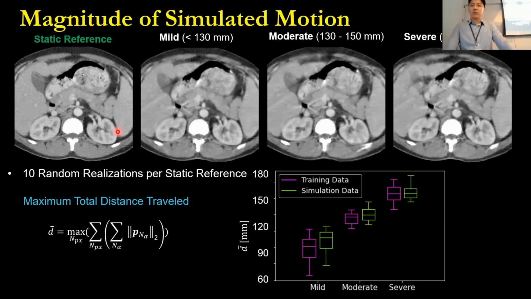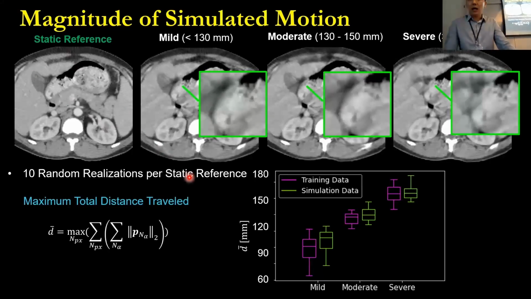Here we show 3 motion simulation results from these different scales. As we take a closer look at this motion region, we can see that different scales of motion have been introduced in these 3 samples. We can also see that motion is happening, for example, here, which demonstrates that our model is able to generate a randomized motion distribution.